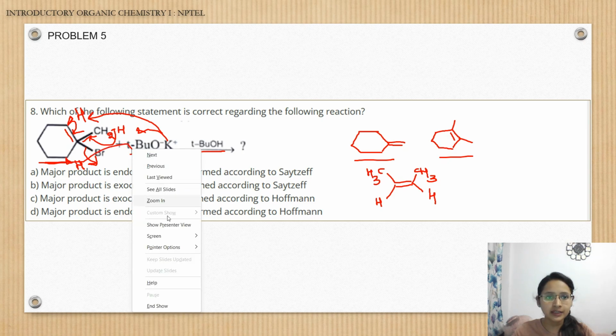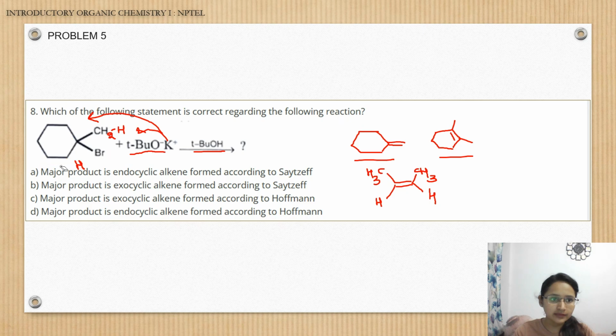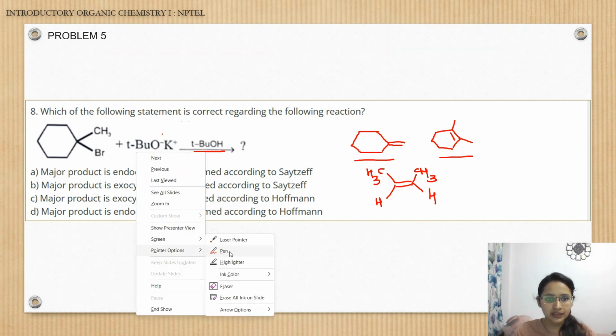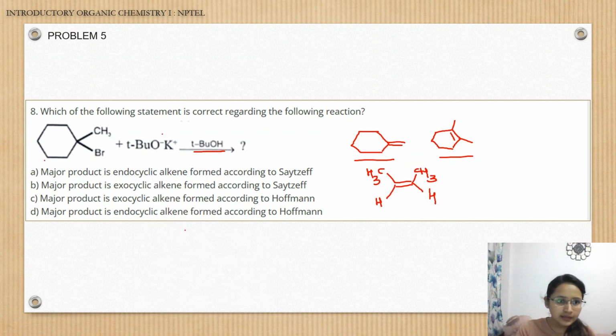In the case of the starting material, what will be the possibilities? See, I'm erasing everything, and just try to focus on this starting material. So there are two possibilities in the starting material. Either this hydrogen will get eliminated or this hydrogen will get eliminated.